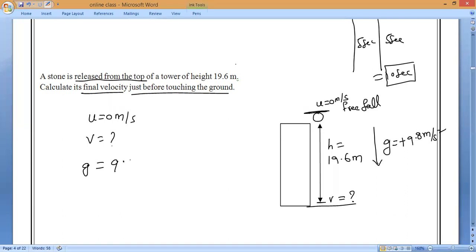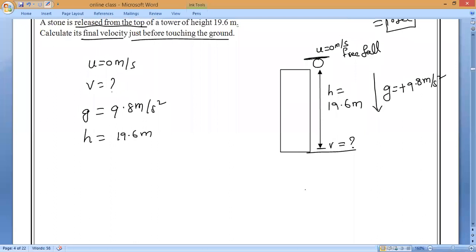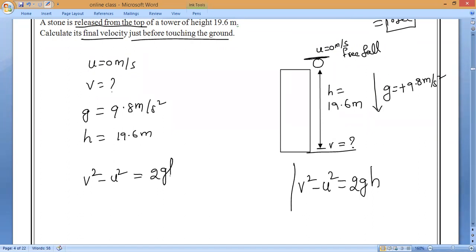We know G is 9.8 meter per second square and H is equal to 19.6 meters. So what is the equation? Equation number 3, that is V square minus U square is equal to 2GH.